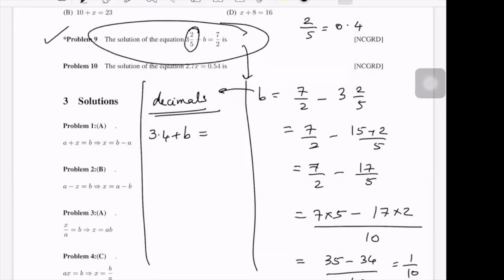What is 7 by 2 in decimal form? 7 by 2, half of 7. Half of 7 is 3.5. See, in one step you are done. The answer is 3.5 minus 3.4, which is 0.1.